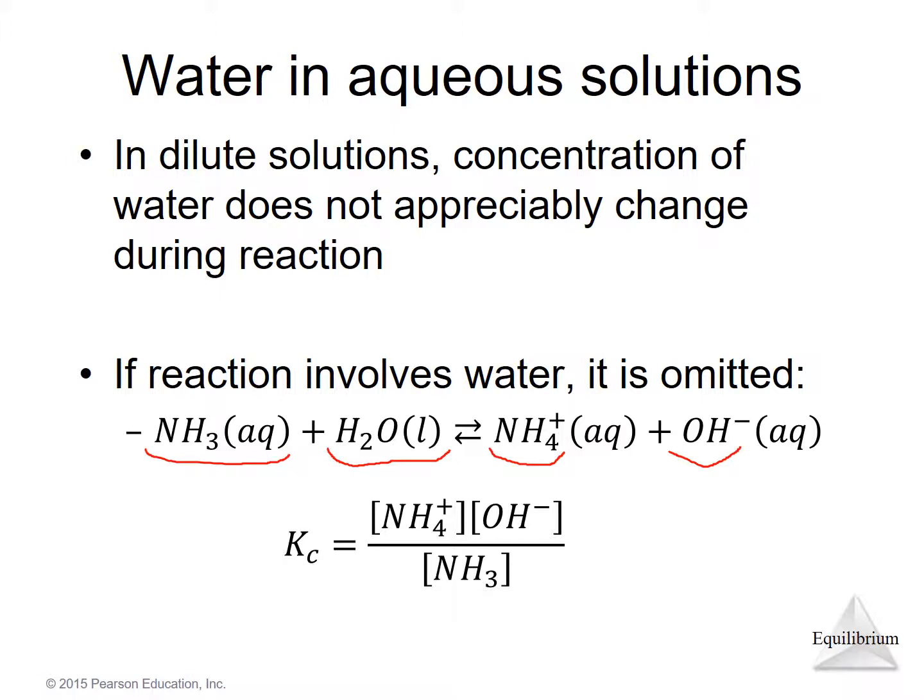It's the concentrations of these two products multiplied together, and in the denominator goes the concentration of NH3. The water, because it's a solvent in an aqueous solution, is simply left out of the equilibrium constant expression. That simply reflects the fact that it does not change appreciably during this reaction.